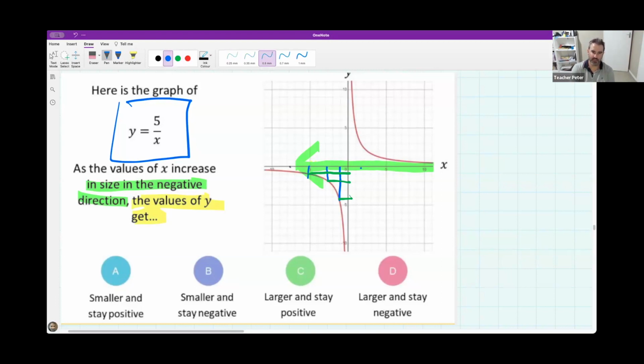If you're going to the left, you could be there, and then that would be there. If that was the first y value, and that was the second y value, and that was the third y value, what is happening to these y values?